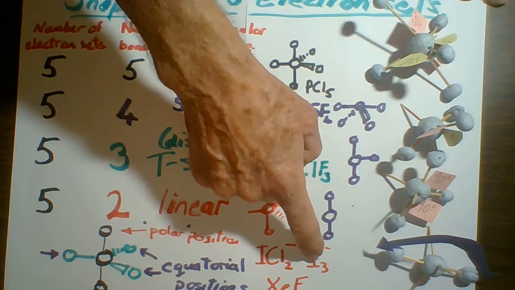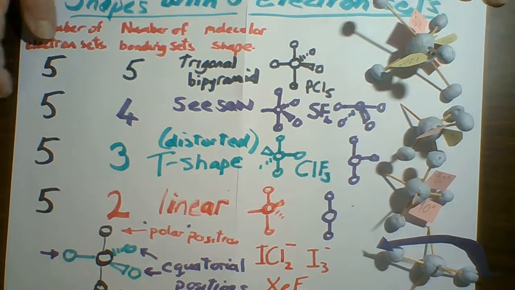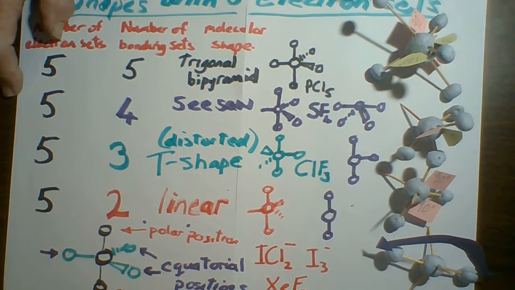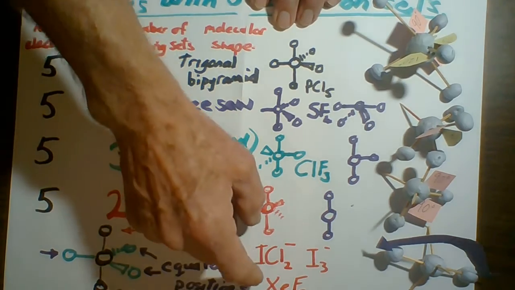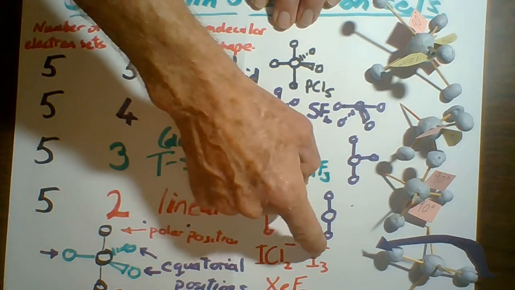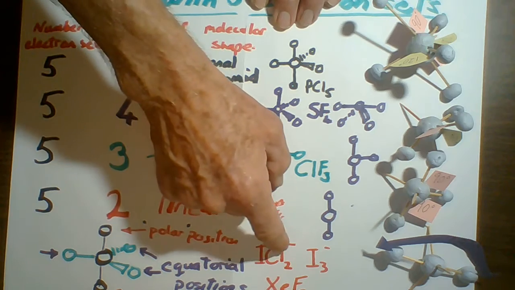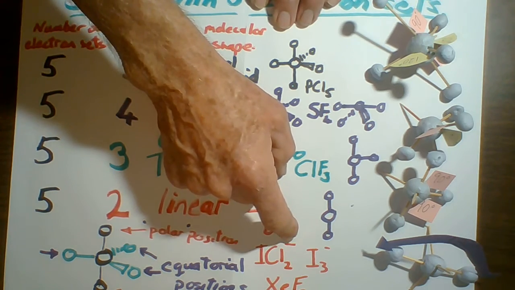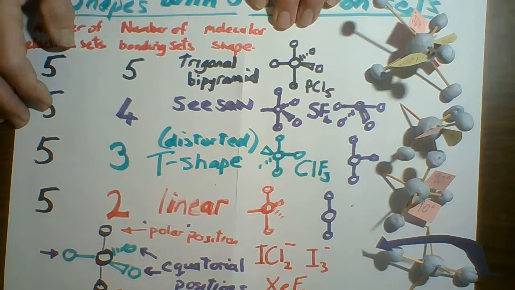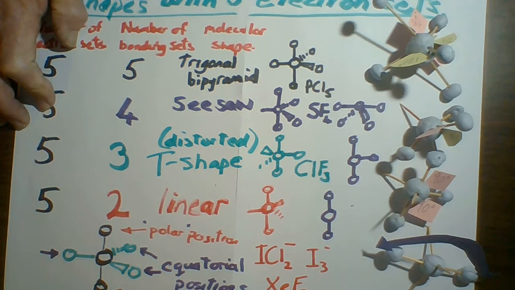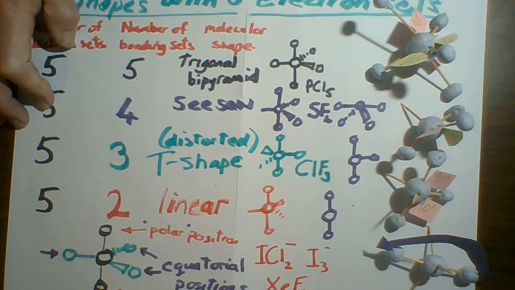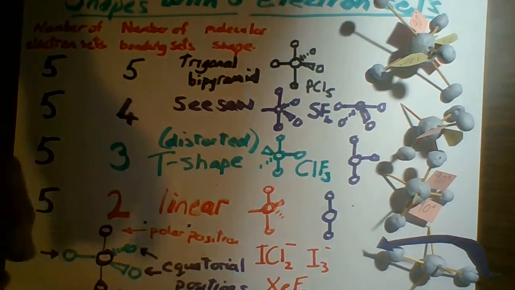The I3 minus ion is the brown color in iodine solution because it's a mixture of iodine and iodide, and they form that brown species there. ICl2 minus, another ion, and XeF2, an actual molecule with xenon. And I think that about covers the things based on 5 electron sets.